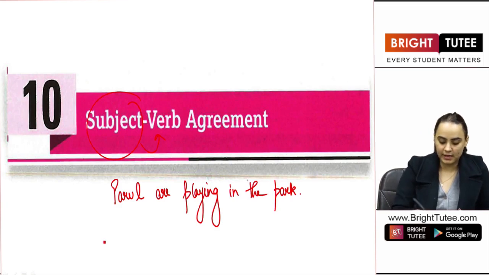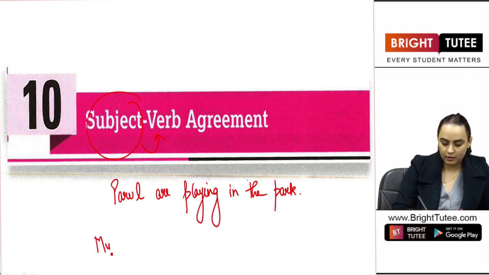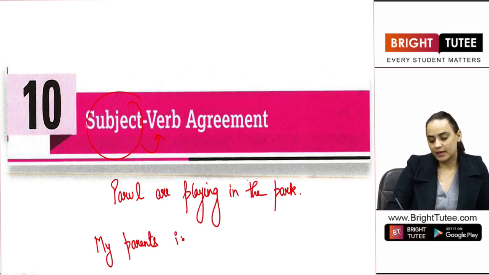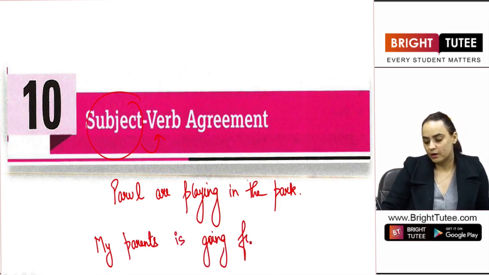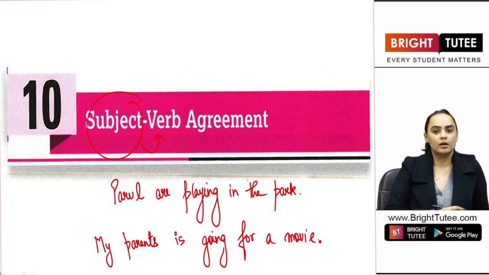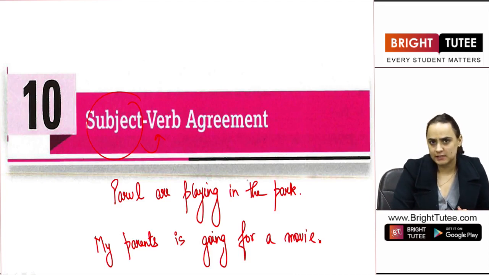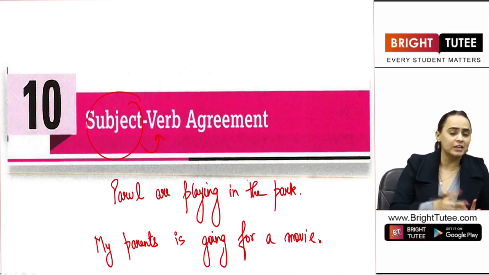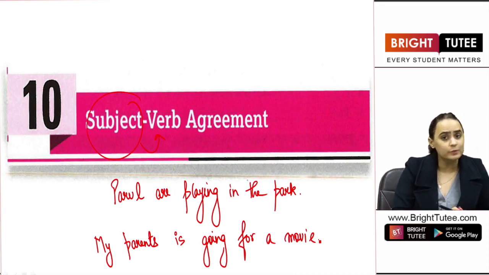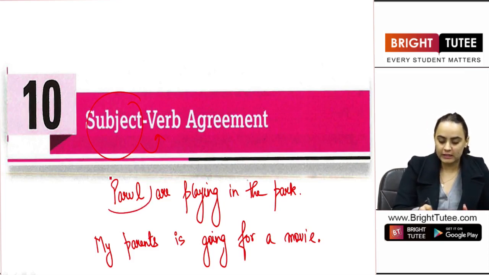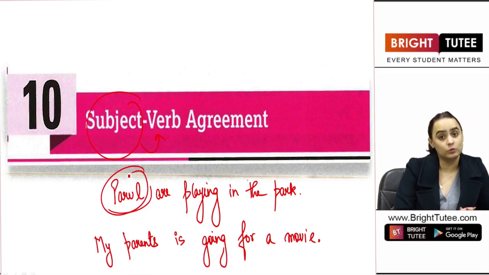Or if I say, my parents is going for a movie. Now in these two sentences, don't you think there is something amiss which needs to be corrected? Absolutely. You look here in the first sentence, my subject is Parul.